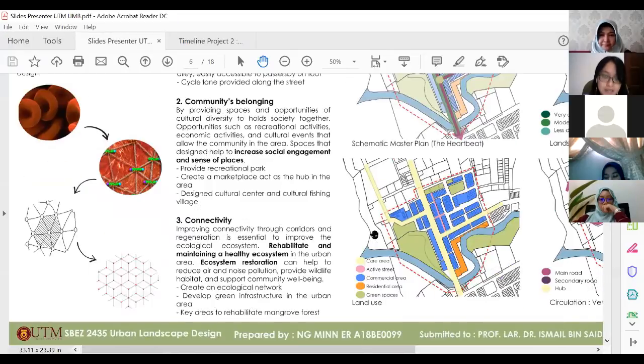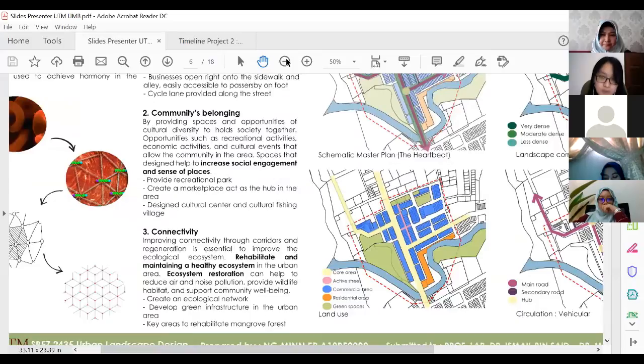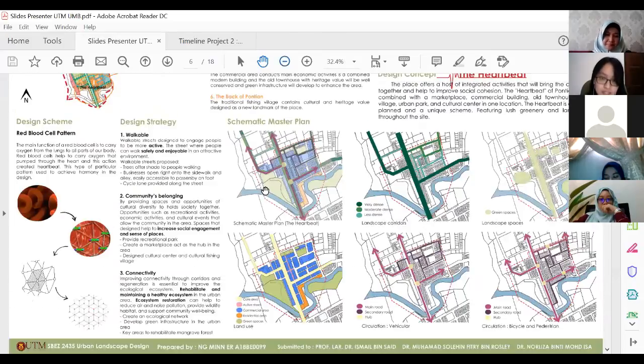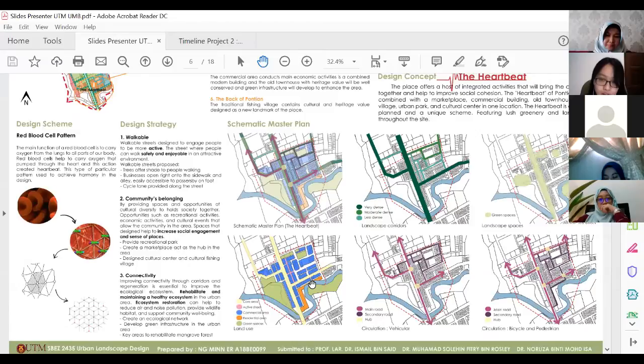In my schematic plan, I divided it into five maps, starting with the landscape corridor, landscape spaces, land use, and circulation for vehicular, bicycle, and pedestrian.